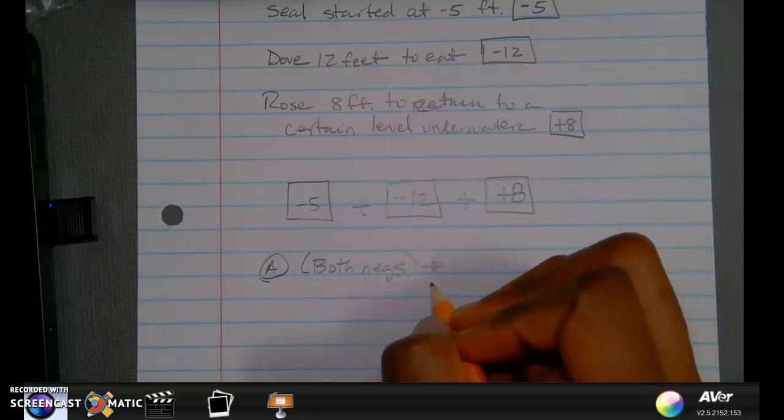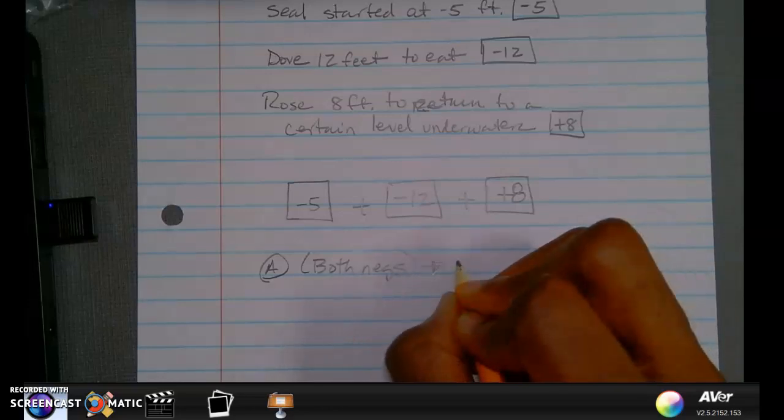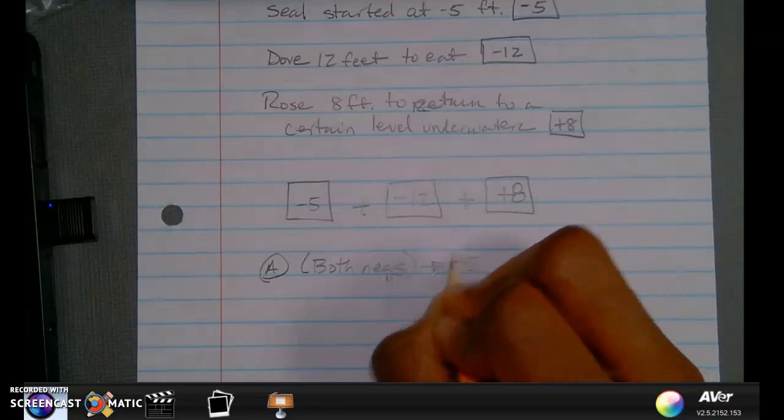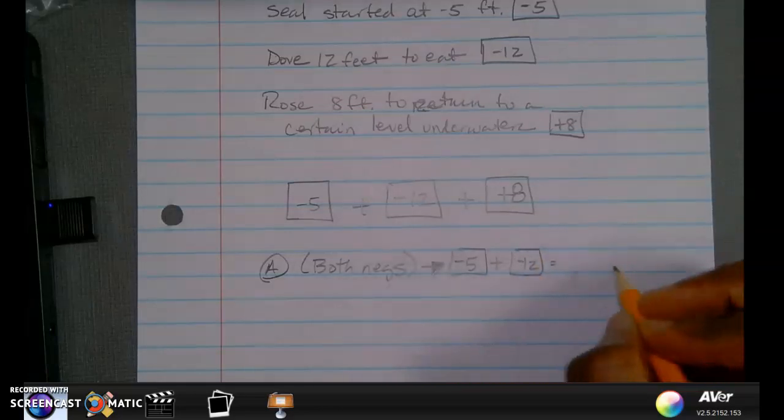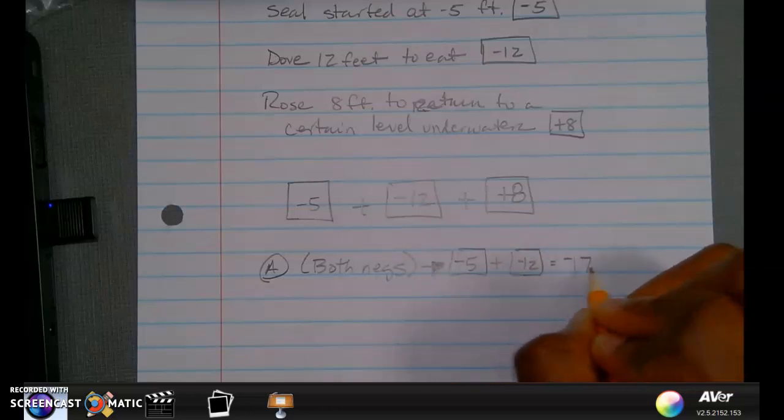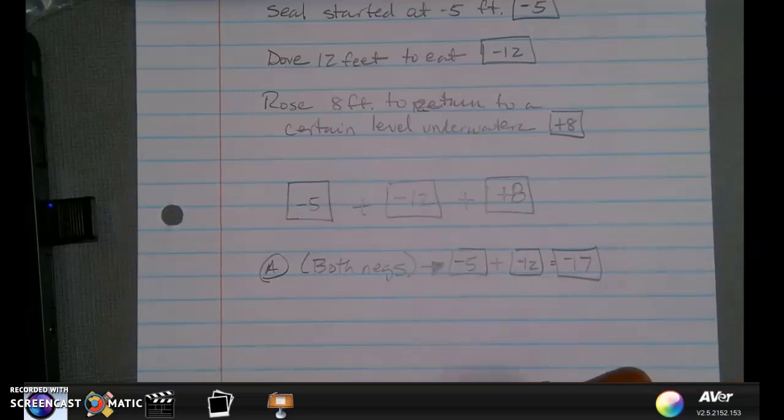So when I'm putting two negatives together, those numbers are going to become more negative. So I want to say negative 5 plus a negative 12 is going to be a negative 17. Okay, again, a box. So I know that that seal is now at a negative 17 feet.